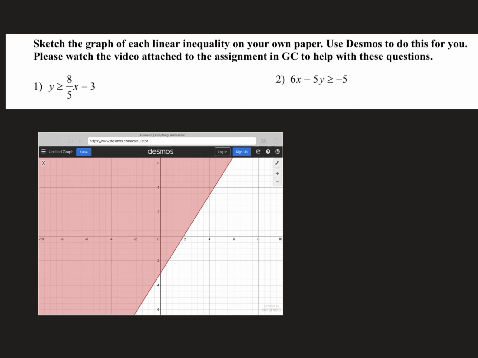Now, before I draw this on my paper, I am going to highlight a couple of points. I don't think I want to use that one. What's this one? I'm going to find a good one that's actually on the graph, but it may not happen. It's probably up here.